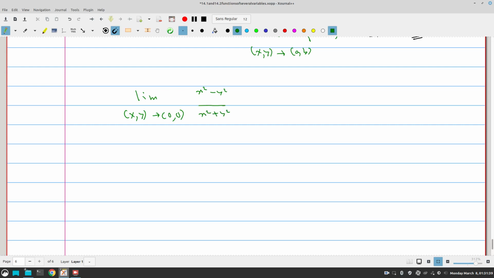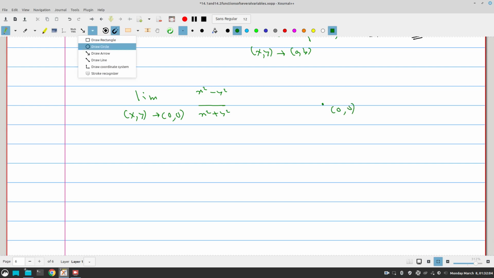How many ways can we go to 0, 0? We can get to 0, 0 in infinitely many ways.